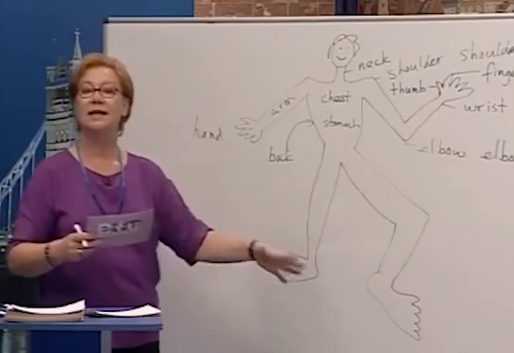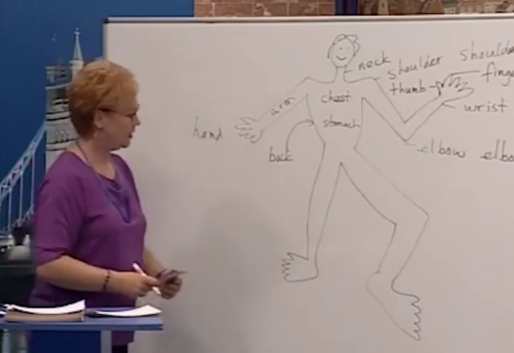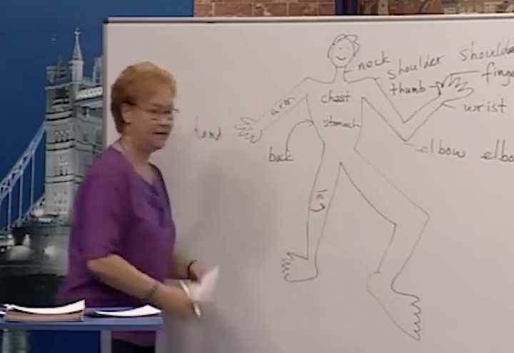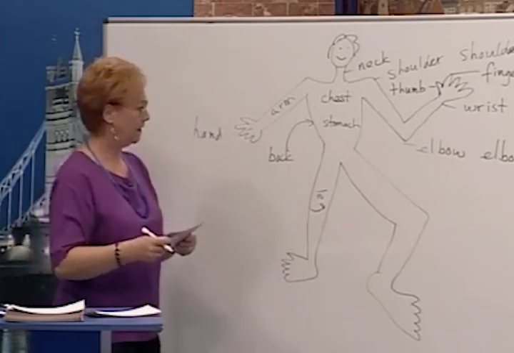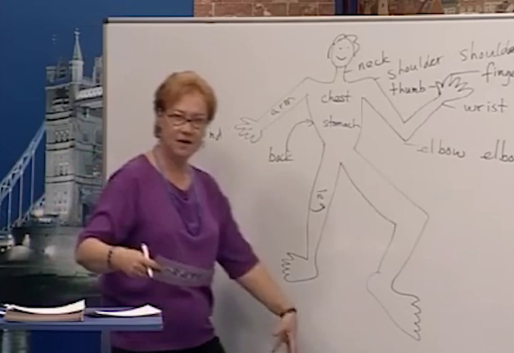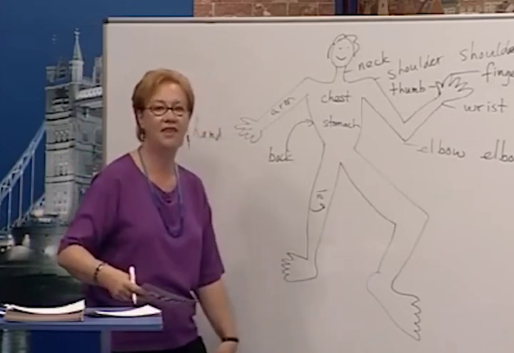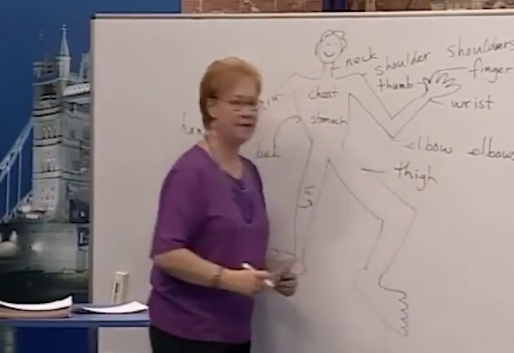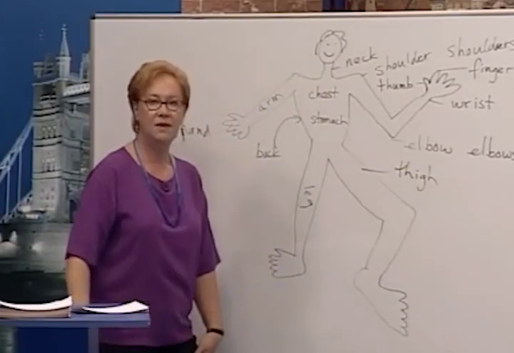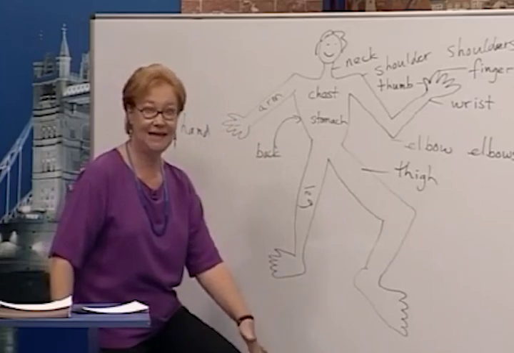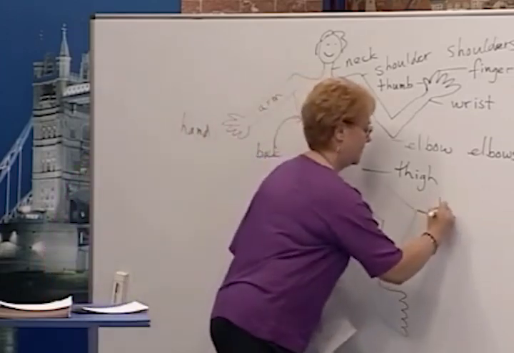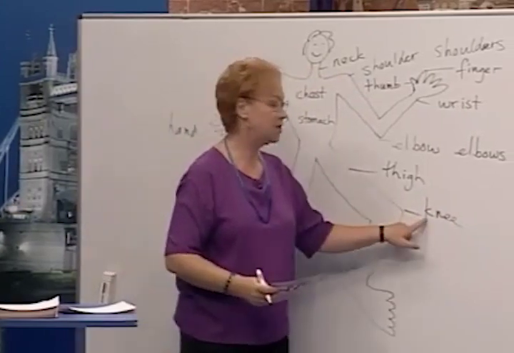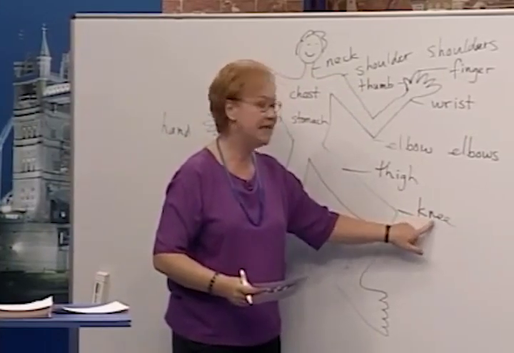Now, let's look at the leg. All right? Now, this is the leg. This part is the thigh. Okay, this is the thigh. Then we have the knee. Now, remember, for pronunciation, we don't say the k, we just say knee.